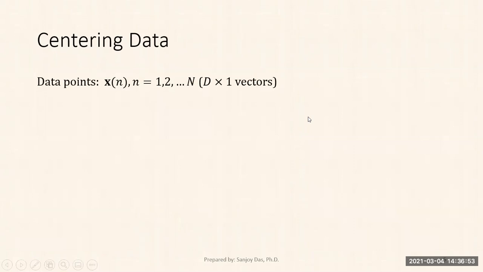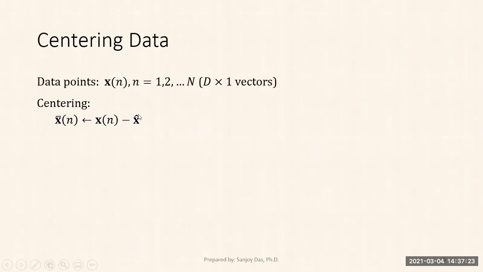Okay. Now, centering the data. So these are our data points again, x_n, where n is from 1 to uppercase N. We have N samples. Centering is where we do this translation, take every point and subtract the mean from it. So x bar n is the centered sample point. This is the raw sample point x_n.